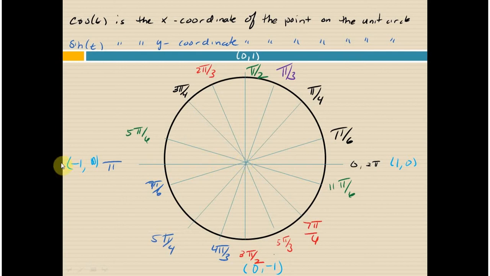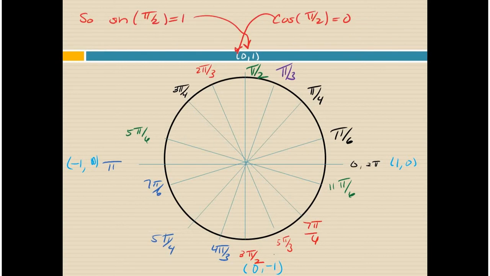Over here, on the other hand, the x-coordinate is -1 because I've gone to the left -1, and the y-coordinate is 0 because the elevator has not gone up or down. And down at the bottom, the x-coordinate is 0 because I haven't gone left or right, but the elevator has gone down 1. So the y-coordinate is -1. The y-coordinate is always the amount you've gone up or down, and the x-coordinate is the amount you've gone left or right.